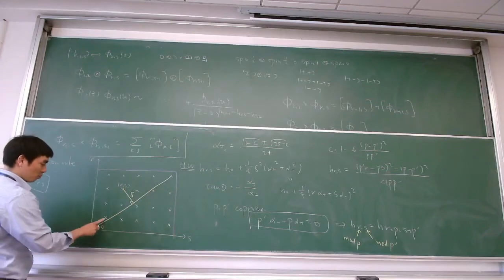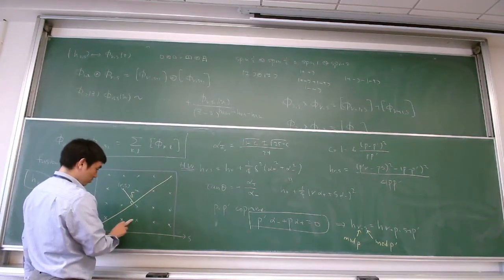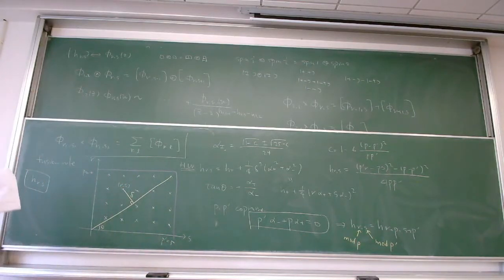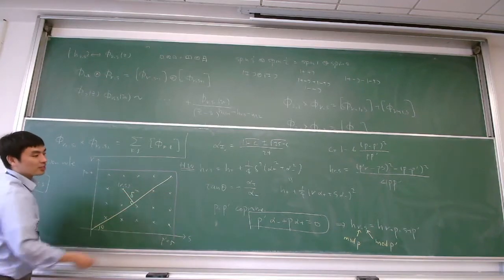So this is 1, 2, 3, 4, so p is equal to 4, and p prime is 1, 2, 3, 4, 5, so p prime is 5. I hope this is correct. Maybe p and p prime are opposite. Somebody with a quick mind can tell which one is correct. Yeah, this should be p, because r plus p and s, yeah, this is correct.